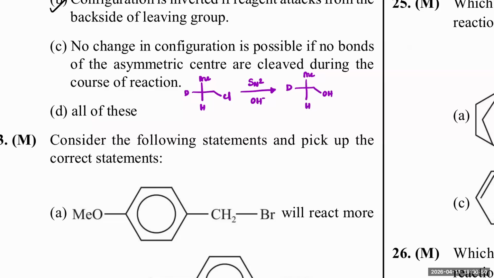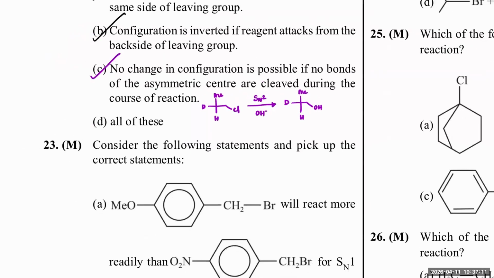Now notice we are not breaking any of these four bonds, isn't it? We are breaking the carbon and chlorine bond here. That's it. Therefore, as long as the asymmetric carbon bonds are not broken, its configuration is not changed. It will still remain the same, which might be R or S. So all of these are correct here.